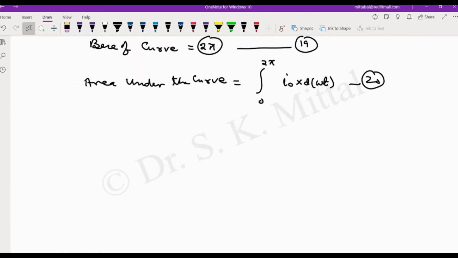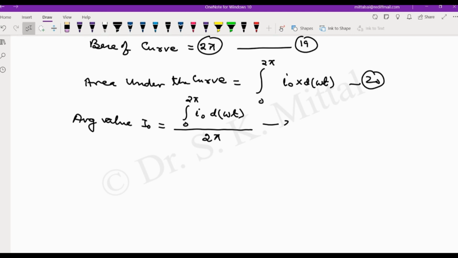Now average value, we can say area under the curve will be integral from 0 to 2 pi of I0 d omega t divided by base of the curve, which is 2 pi.